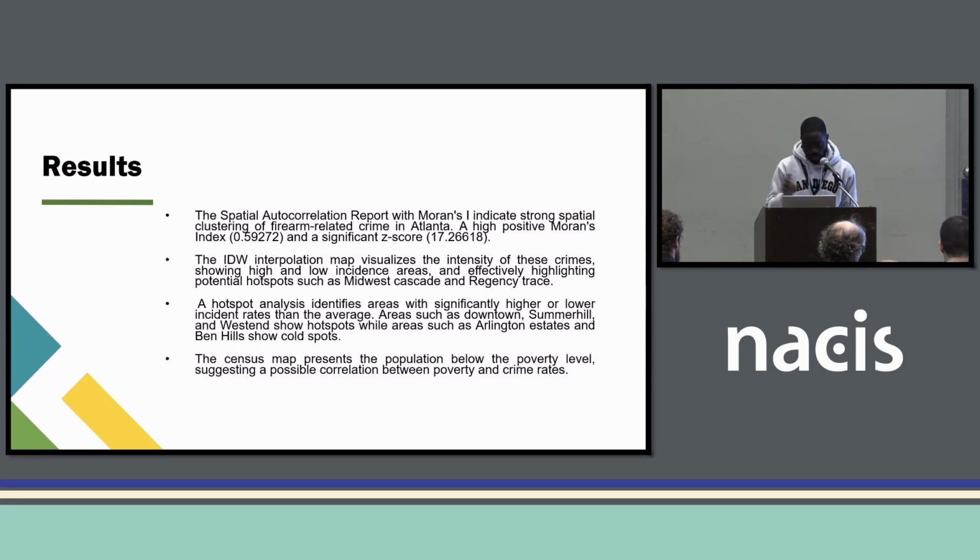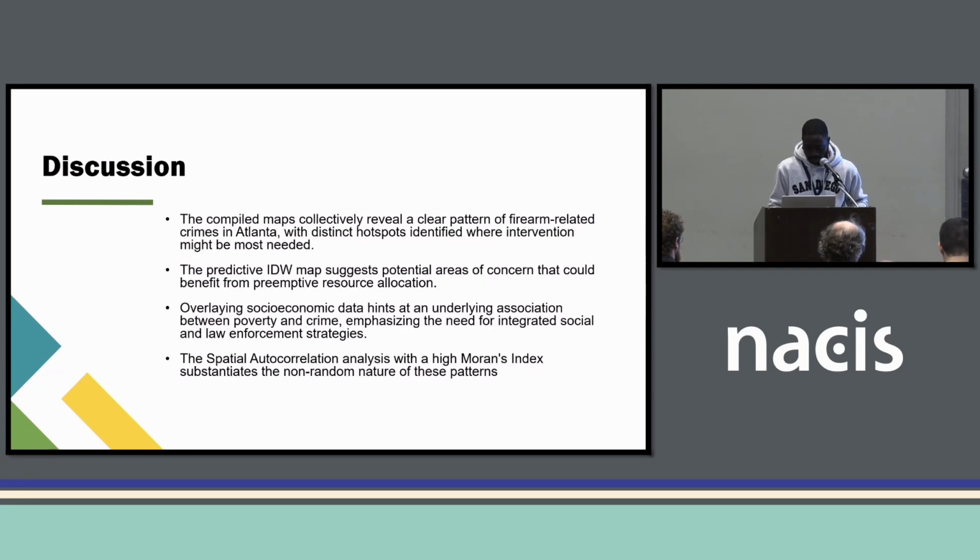For the hotspot analysis, areas such as downtown, Summerhill, and West End show hotspots, while areas such as Arlington Estate show a cold spot. The census map also presents below-poverty-level data, suggesting a positive correlation between poverty and crime rate.